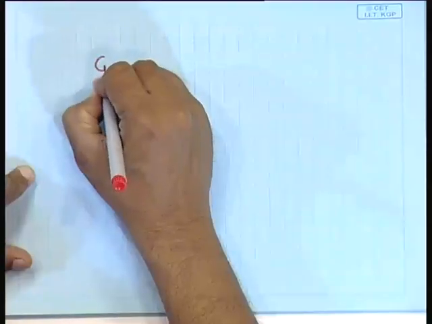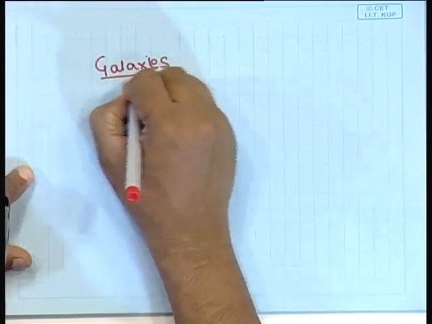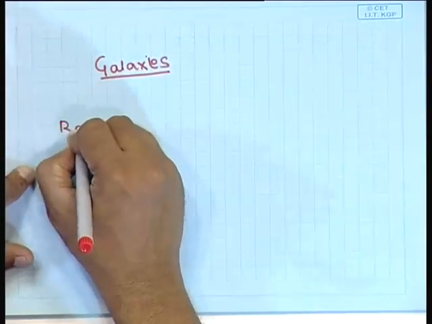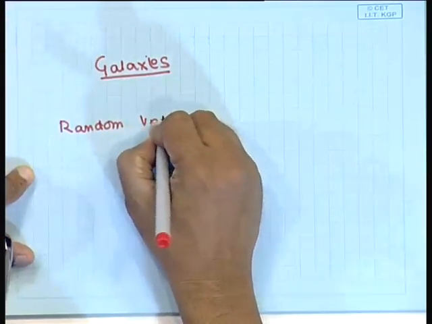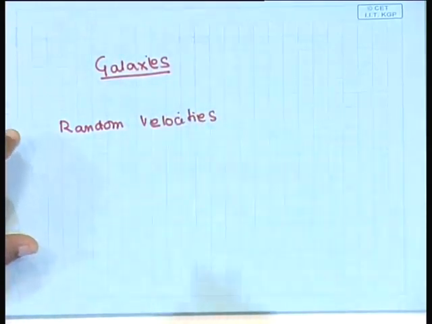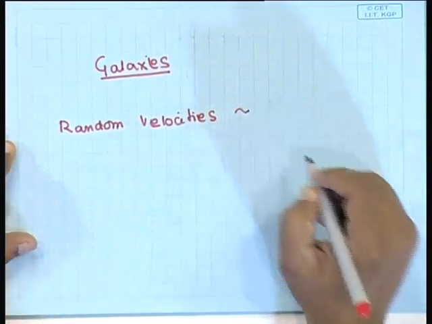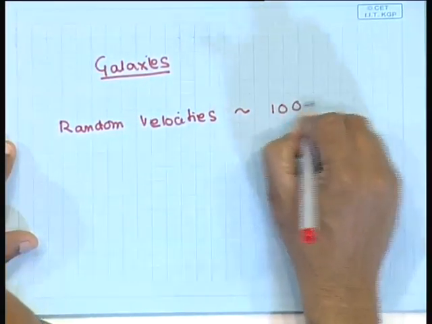It turns out that for galaxies, the random component of the velocity, so the deviations from Hubble flow, the random velocities, are of the order of few hundred kilometers per second.